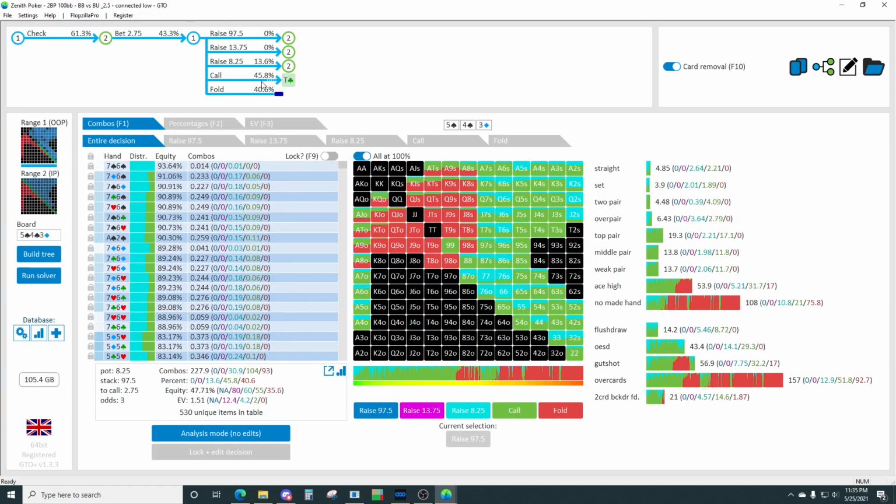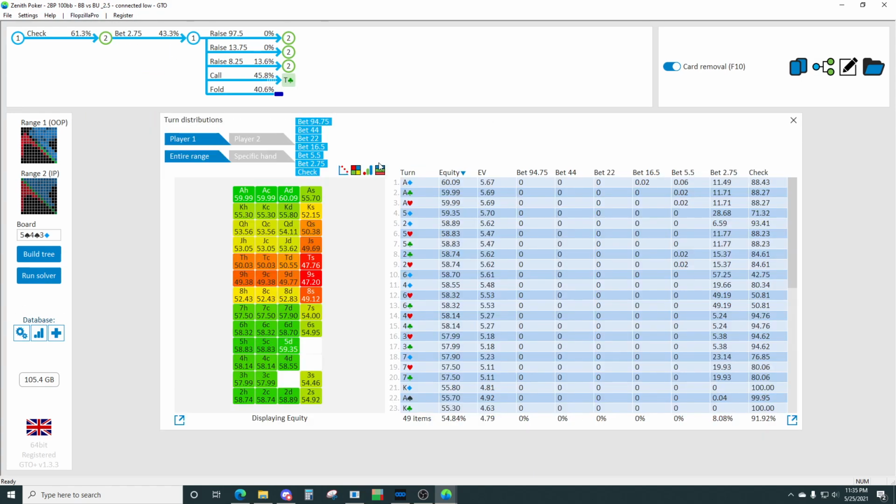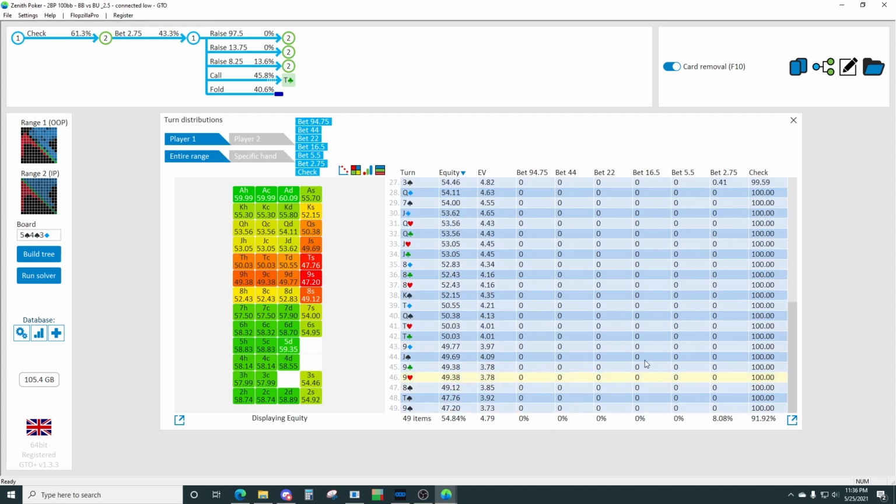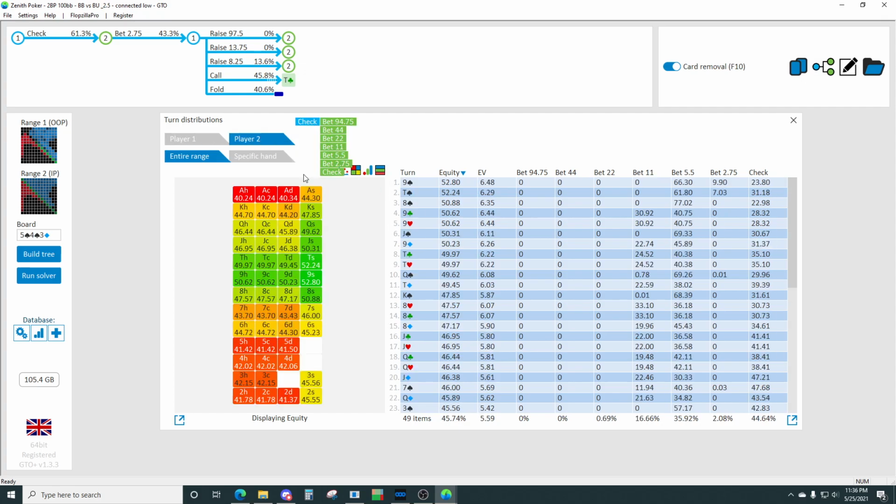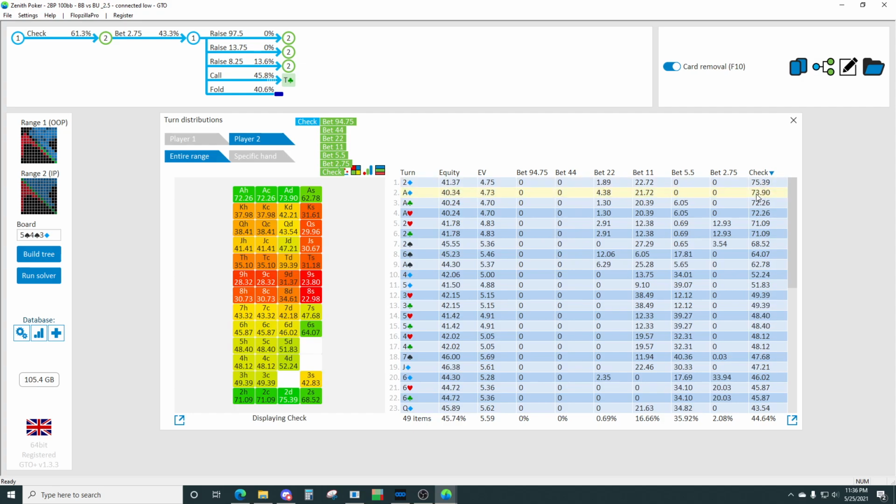And then if we look at the bet line, see the equity shift up a good bit. If this is an average across all turns, this is quite a massive shift in equity. And then we can see in the bet line, the spades are actually bad for the out of position player. So then what do we expect?